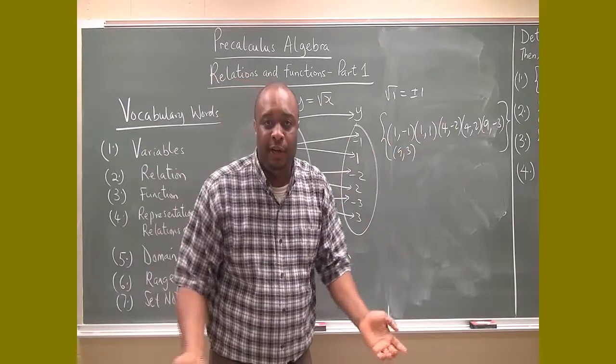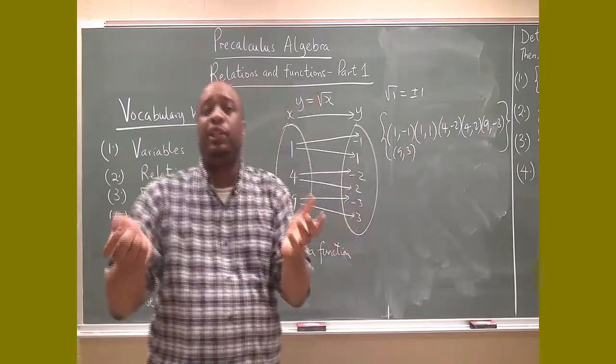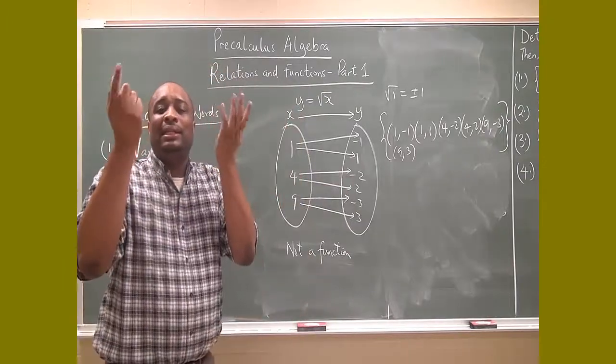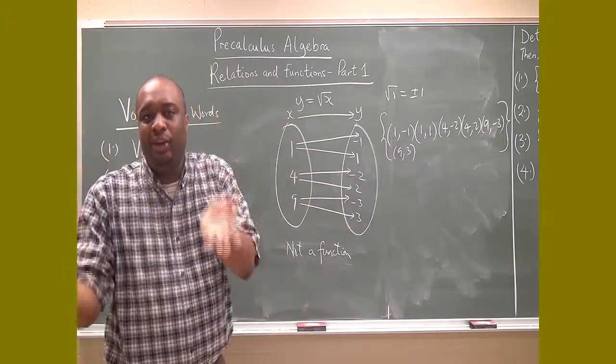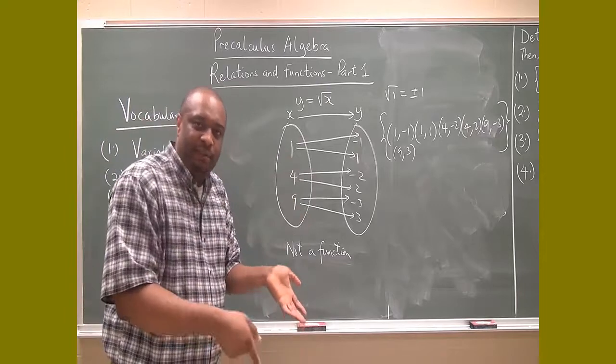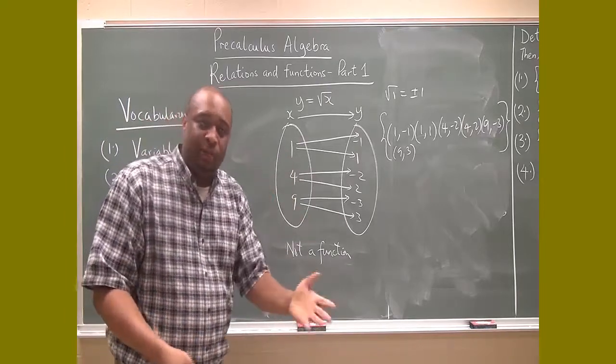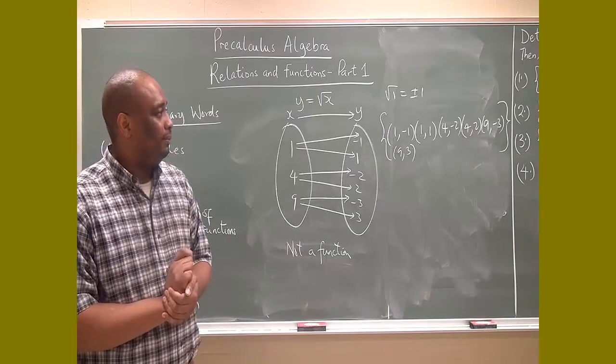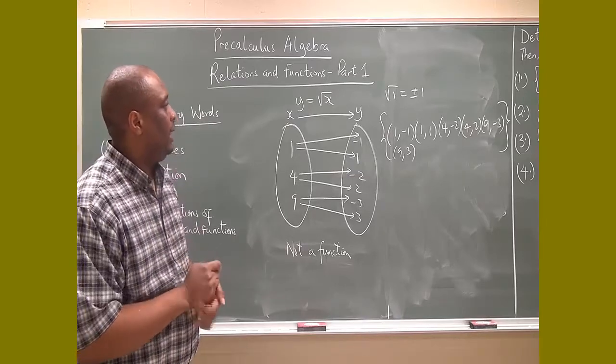You can also define a function as a relation in which there is a unique range value for each domain value. That will soon bring us to domain and range. I'm going to explain that in a minute.